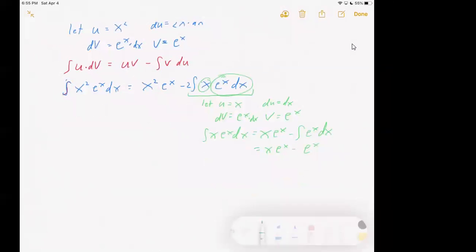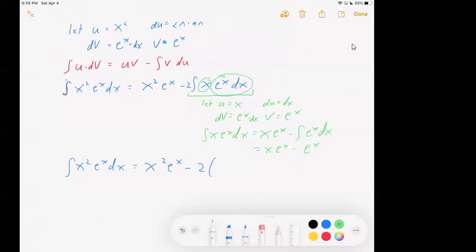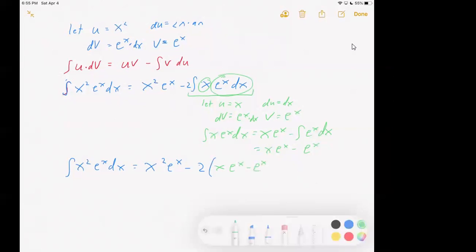So to get the complete answer, going back up a step, we can say the integral of x squared e to the x dx is equal to x squared e to the x minus 2 times the answer we just got. So we can say 2 times x e to the x minus e to the x plus c.